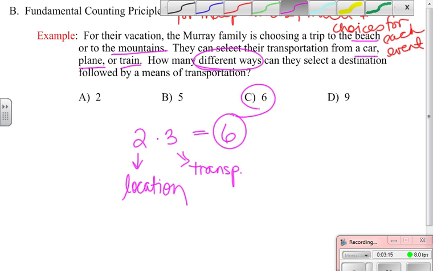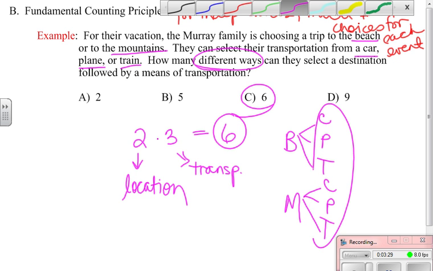And that is 6. So if you were to do a tree diagram, beach, mountains, car, plane, train, car, plane, train, you see that we still end up with 6 choices, just that the fundamental counting principle makes it a little simpler.